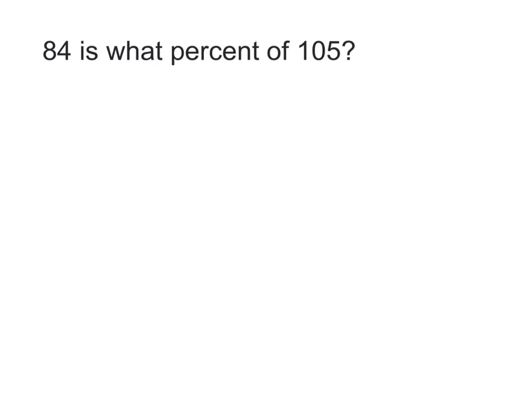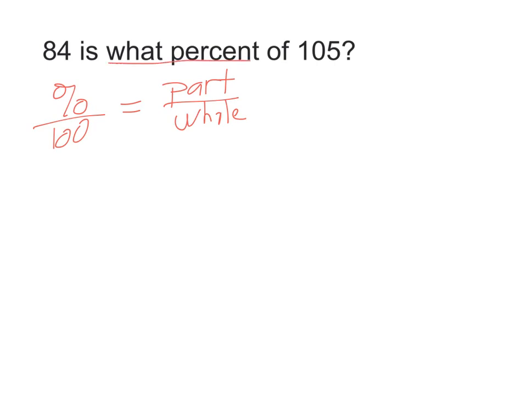Final problem for you to try. 84 is what percent of 105? Now that you've solved it, by now we all know we're using the UPP, the universal percent proportion. Percent over 100 equals part over whole. What percent? We don't know what the percent is, but that's okay. It means we'll just make it the x. 105 is after our of.